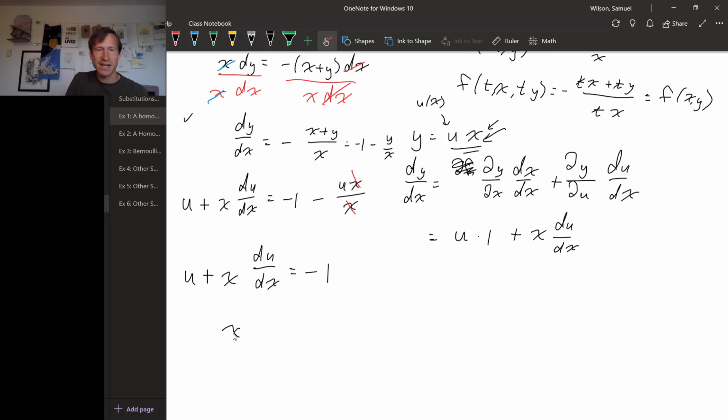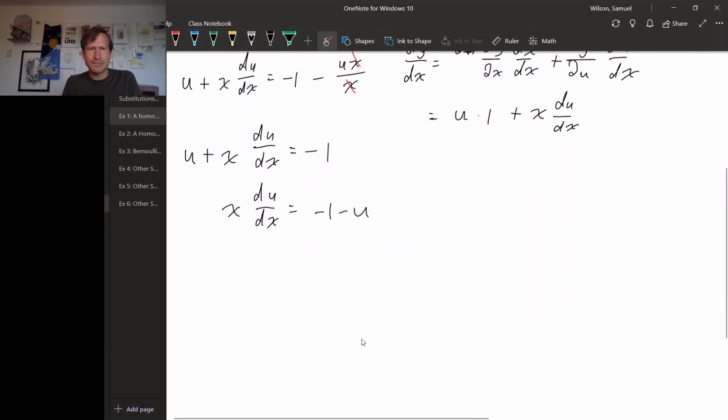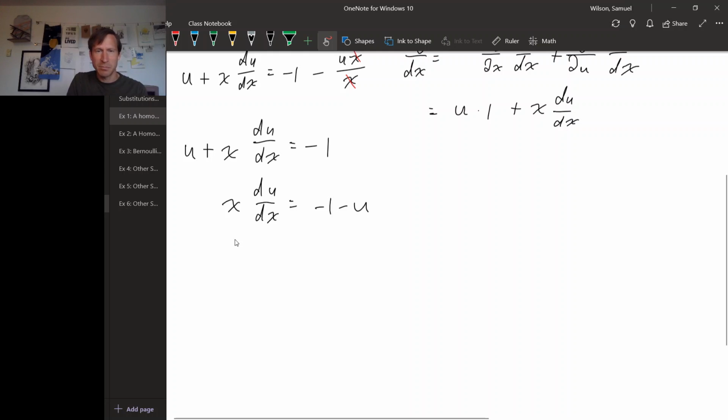So to solve this, let's see. First we need to separate, so move the u to the right-hand side, so minus 1 minus u, and then separate, so we're going to divide this side by minus 1 minus u. Actually, let's leave the minus sign on the right-hand side. Divide this side by 1 plus u.